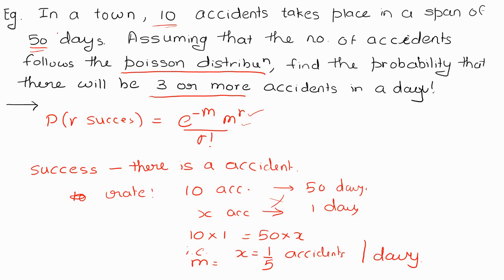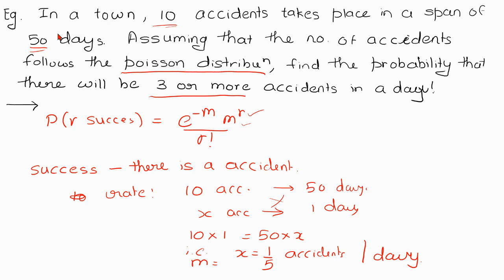Now next, you need to find the probability that there will be 3 or more accidents in a day. Now, 3 or more, that means there can be 3 accidents, 4, 5, 6, 7, 8, 9, 10 or anything.